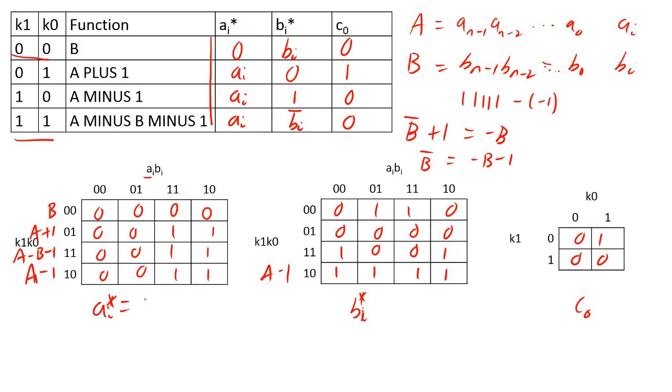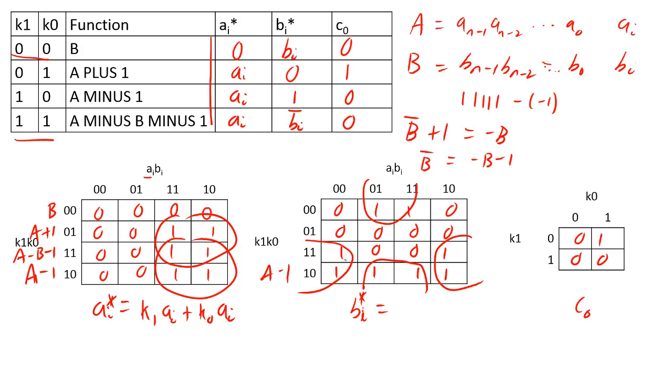So a sub i star is going to be equal to these two, which is k1 a sub i, or k0 a sub i. B sub i star is going to have these two, and then there's one more prime implicant that we don't need.